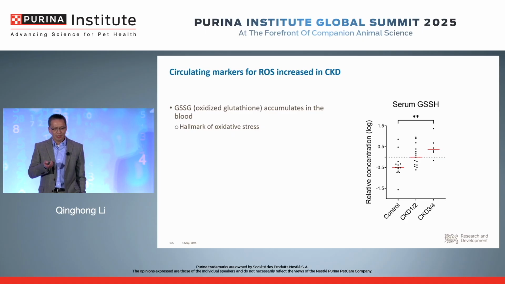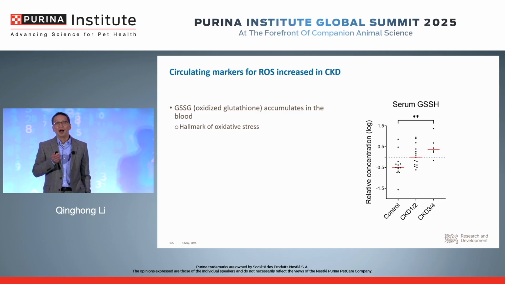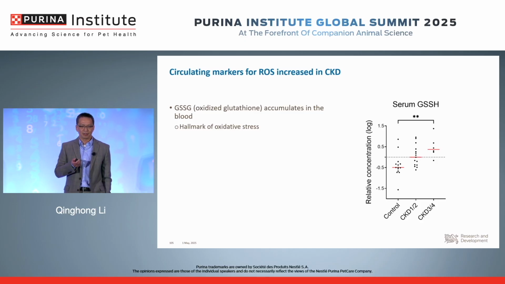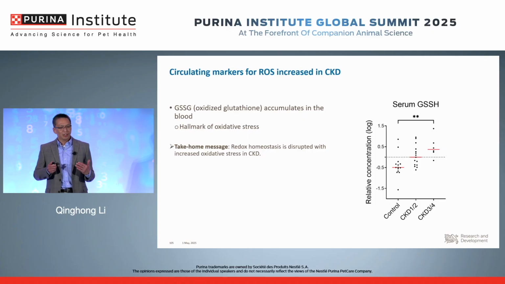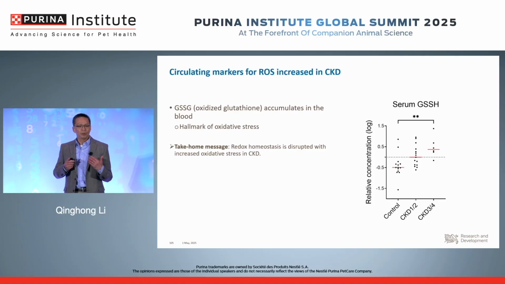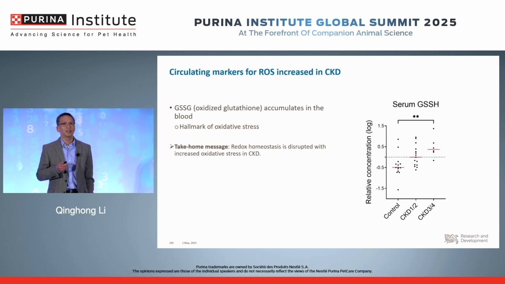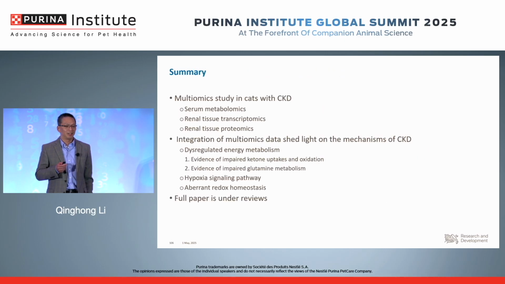Also importantly, in the circulation, oxidized glutathione accumulates in the CKD group. Oxidized glutathione is a biomarker of oxidative stress. So our data suggest that redox homeostasis is disrupted, with increased oxidative stress in CKD.